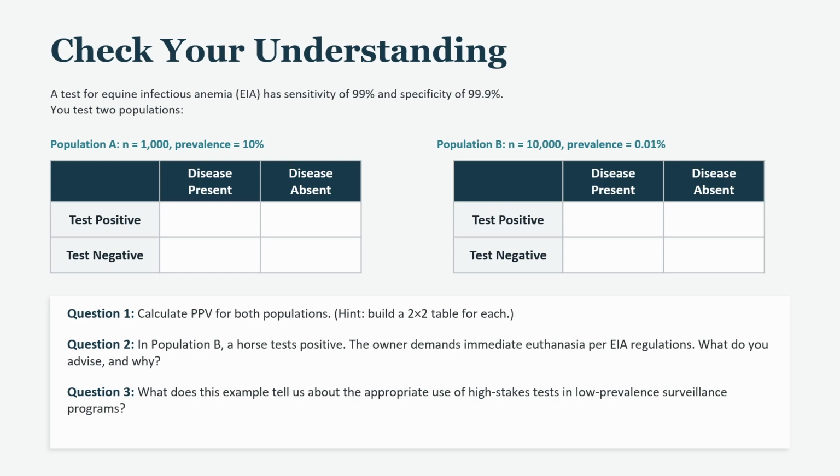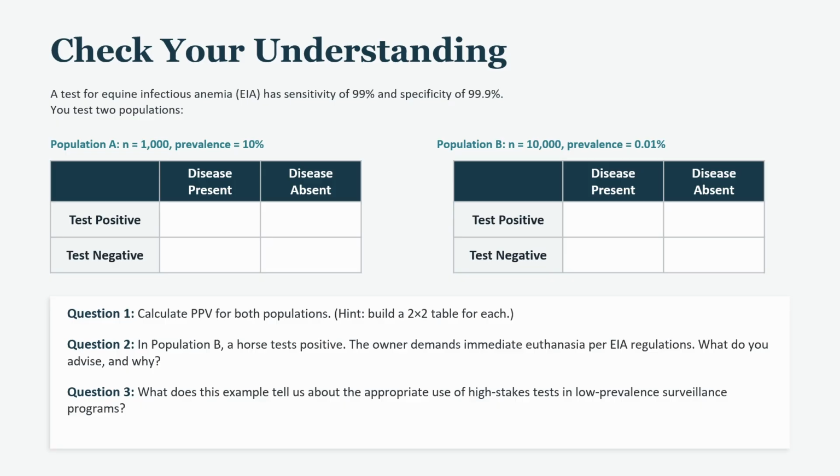Question 1, Population A, N equals 1,000, prevalence equals 10%. Disease present equals 100. Disease absent equals 900. TP equals 99% times 100 equals 99. FN equals 1. TN equals 99.9% times 900 equals 899.